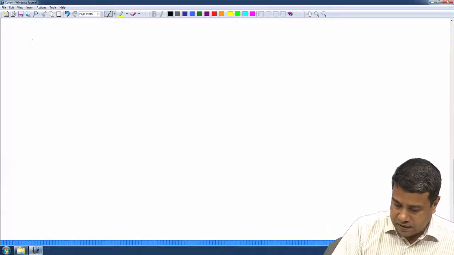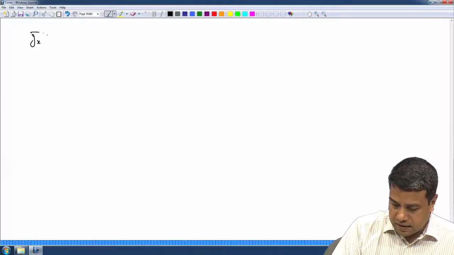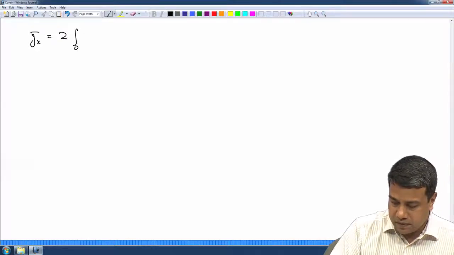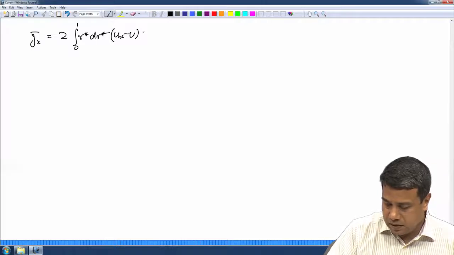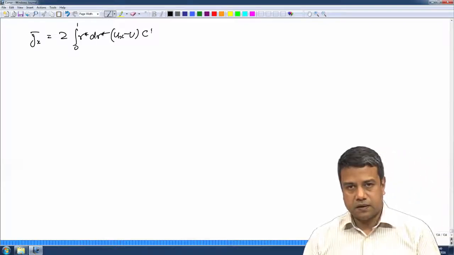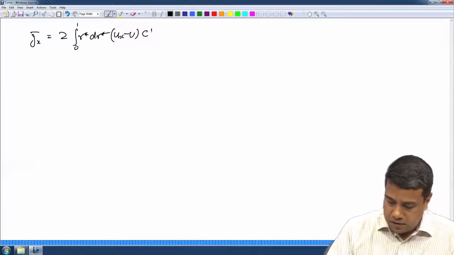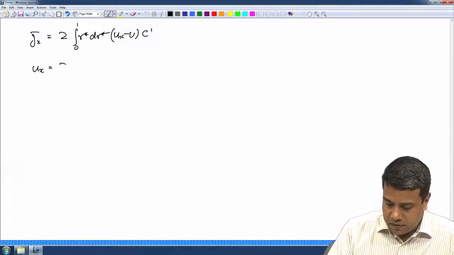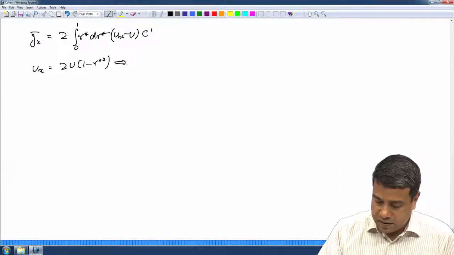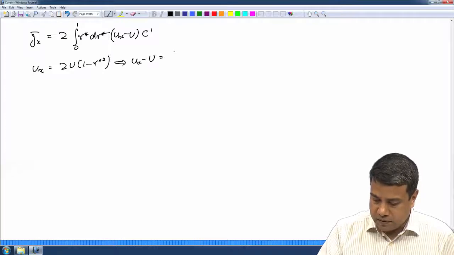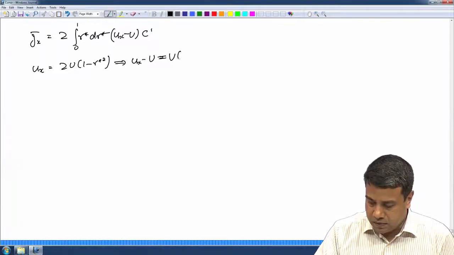I told you that the flux J x bar is equal to 2 integral 0 to 1 r star dr star into u x minus u, into C prime. U x was equal to 2 u into 1 minus r star square, the parabolic velocity profile, which implies that u x minus u is equal to u into 1 minus 2 r star square.